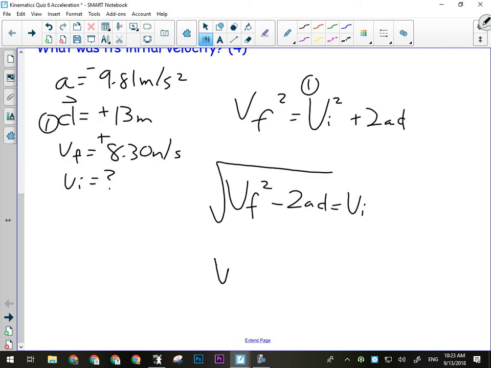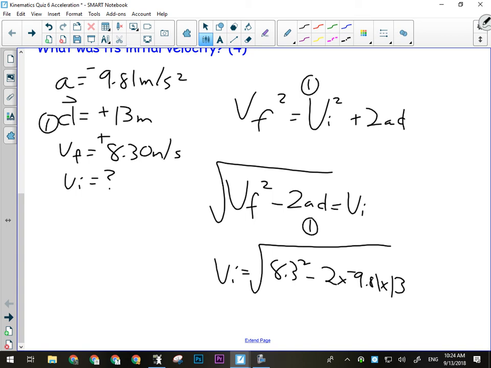So Vi will equal the square root of 8.3 squared minus 2 times negative 9.81 times 13 meters. If they have either one of these 2 things, you can give them a mark for that.